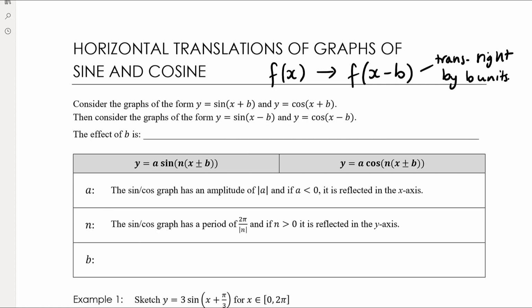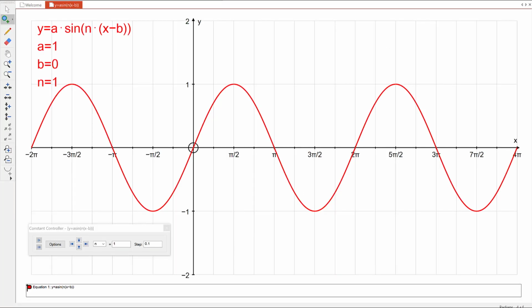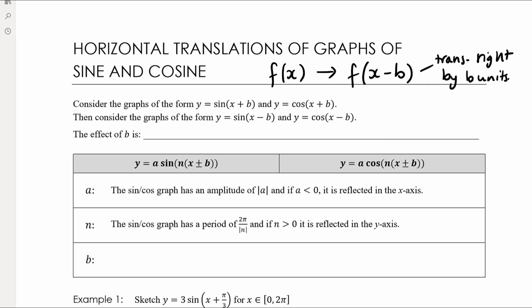Before we fill in any more, let's just note that individual effect of b. The effect of b is to translate the graph left or right.